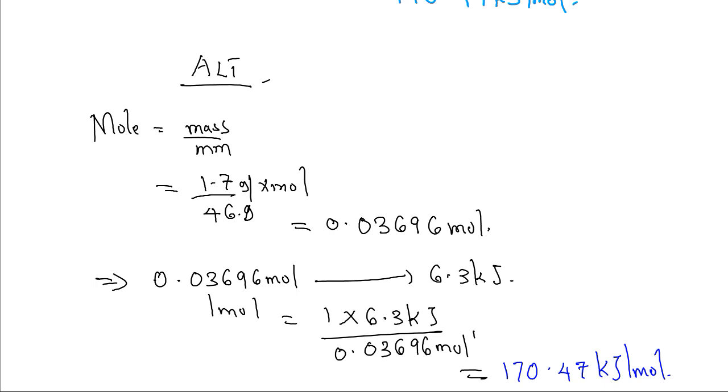So that is how we can calculate the molar heat of combustion of the ethanol that was used during that experiment. And for molar heat of combustion, heat is released, and that is why molar heat of combustion has to be given a negative sign.